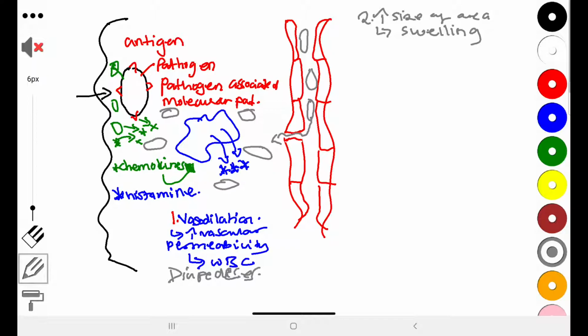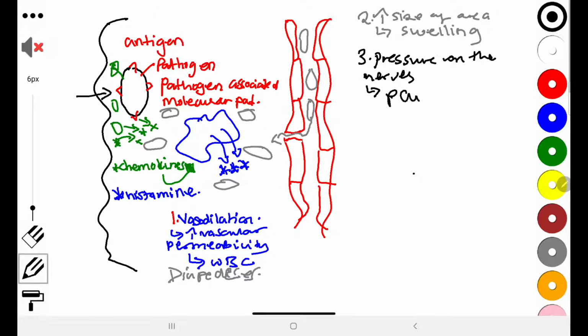So swelling, because now there's an increase in the number of cells there, will lead to pressure on the nerves. So if there are any nerves nearby, we'll see that there will be pressure on these nerves. And pressure on these nerves, of course, may lead to pain. Okay?